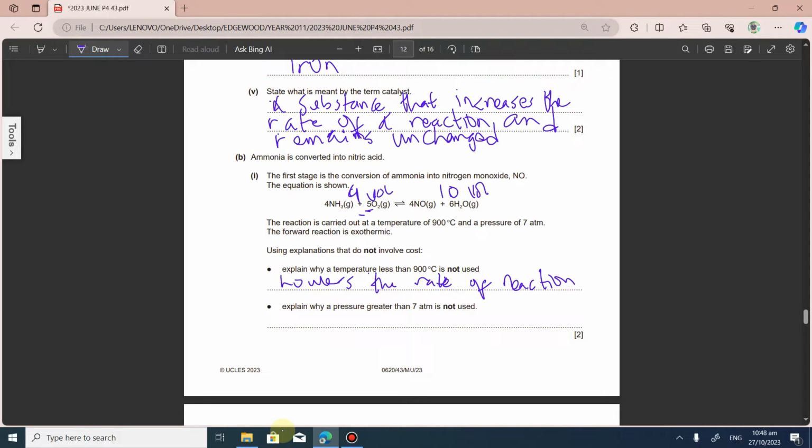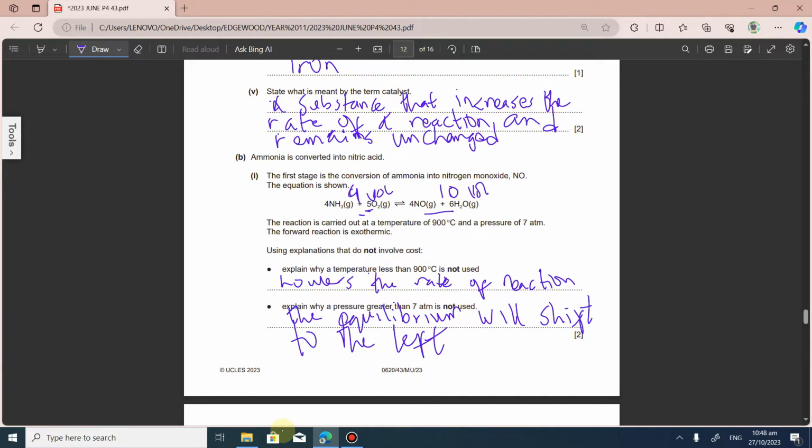So when you use the pressure greater than 7 atm, the equilibrium will shift to the left. But remember that the essence of the reaction is to have more of this product, not for it to shift to the left.